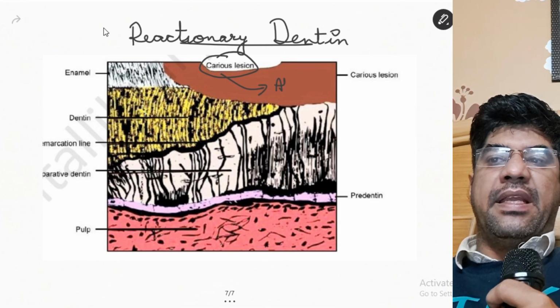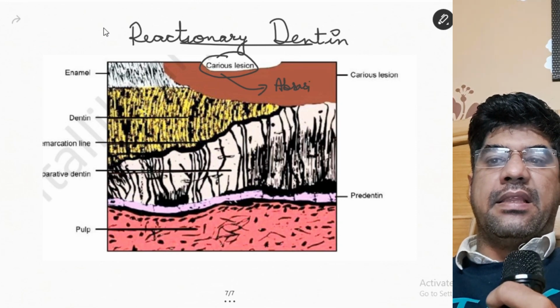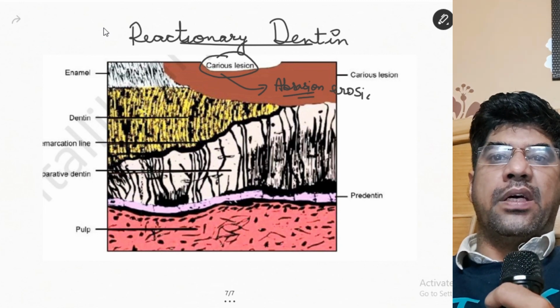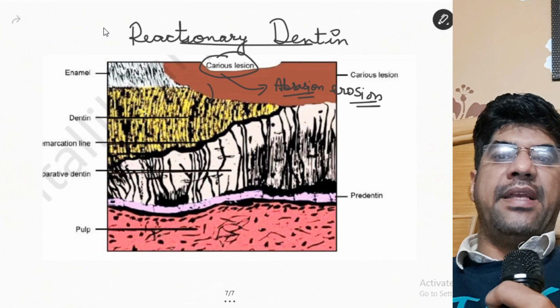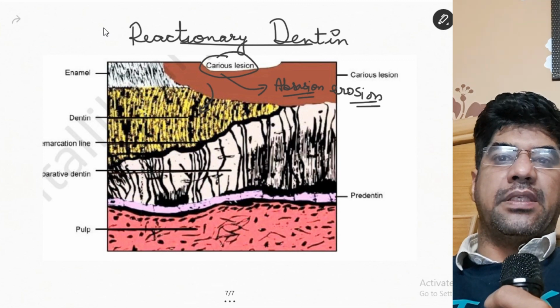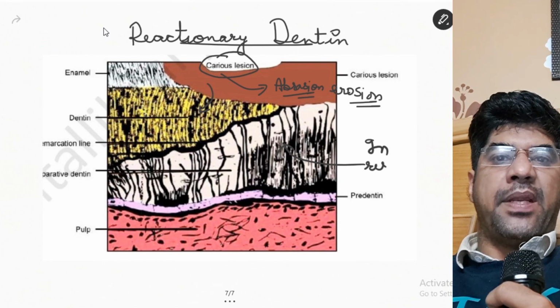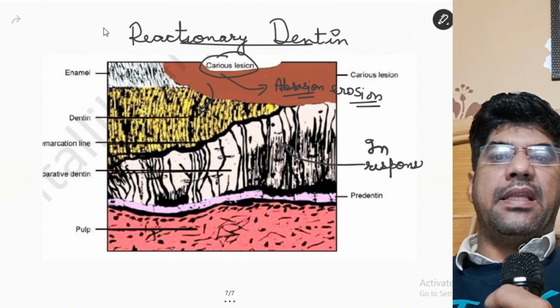This type of dentin is the reactionary dentin that is produced in response to caries, abrasion or adhesion procedures. It is also known as reparative dentin, tertiary dentin.